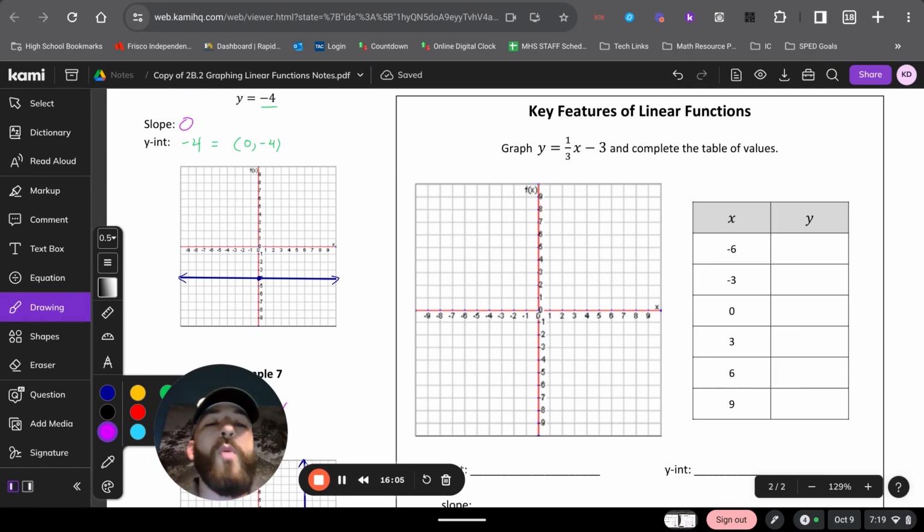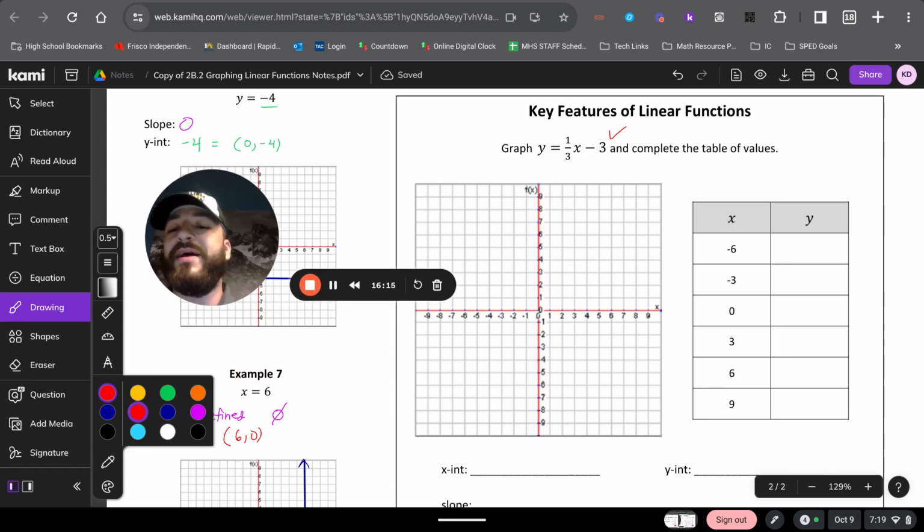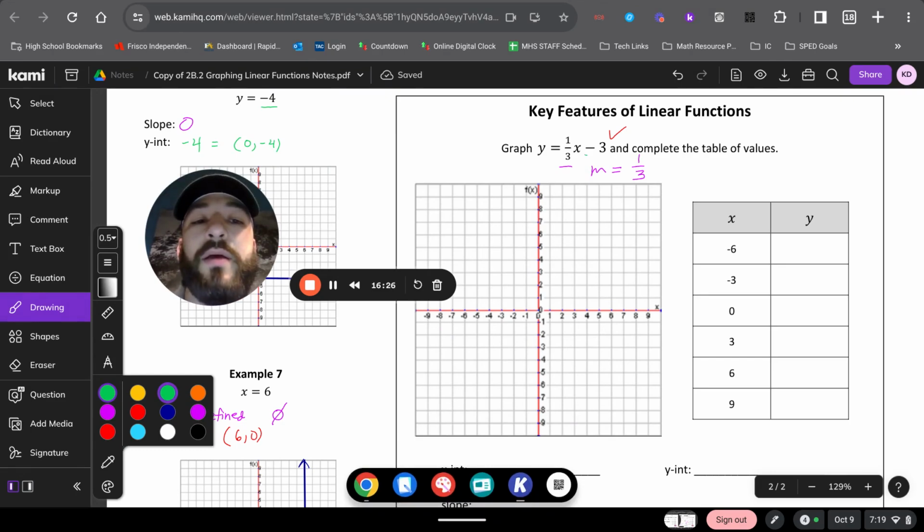So of course we have y is equal to 1/3 x minus 3. That is already in slope-intercept form. So since it is already in slope-intercept form, we can go ahead and identify those two important pieces, which is our slope of 1/3 and our y-intercept of -3.